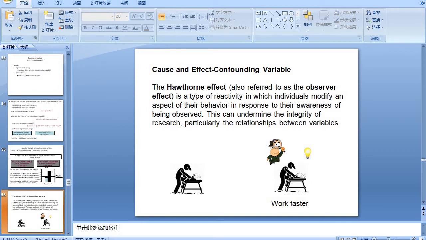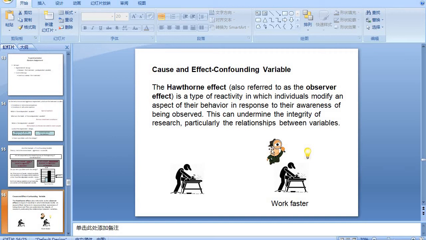But after the psychologists left the factory, the lighting didn't change. It was still the bright light, but now the workers returned to their old pace of work. They completed the same amount of work as before the lighting. So it was actually not the lighting that was the causal variable.